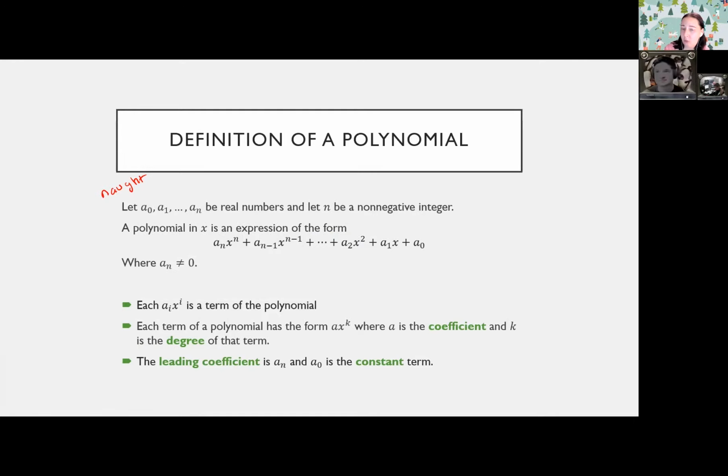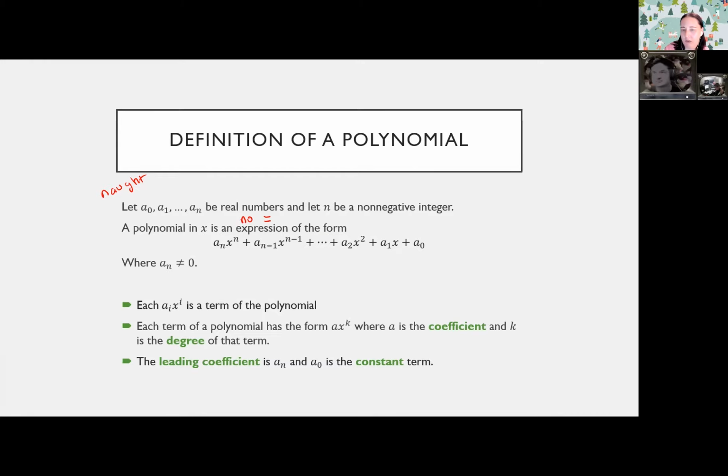So a polynomial in x, meaning that our variable is x, is an expression. Expression means that we have no equal sign. And it has the following form. So we've got an x to the n, plus a n minus 1 x to the n minus 1, and so on. And you get a2 x squared, a1 x plus a0 or a naught.